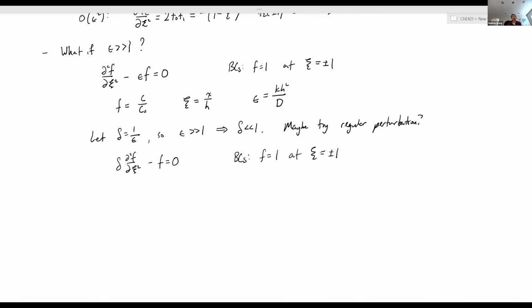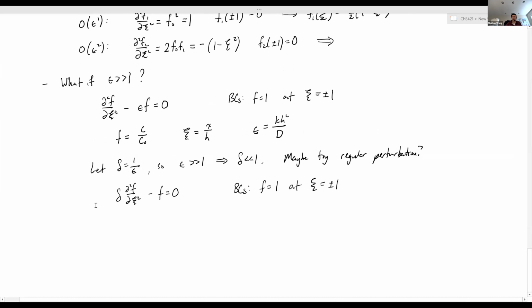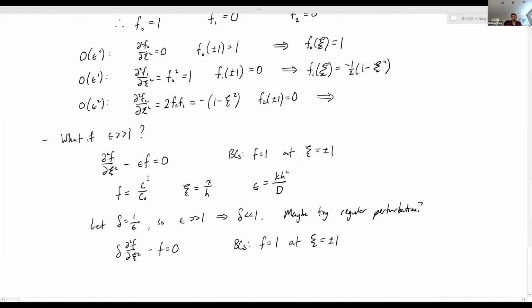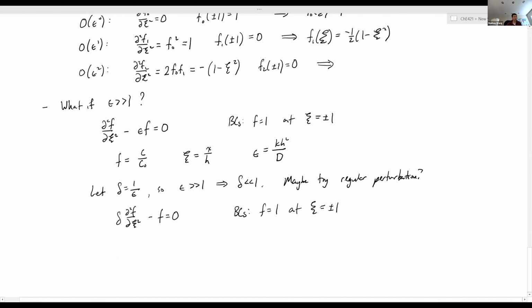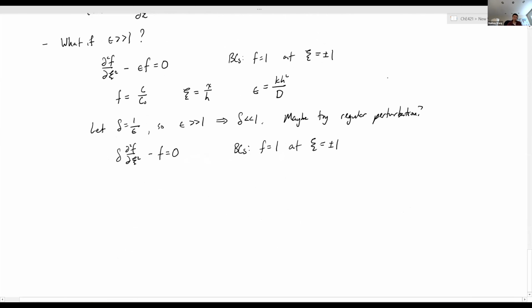That solution is what we get when we just let delta equal 0. It's kind of like up here when we looked at our order of epsilon to the 0 solution, where our differential equation just became this, because it's as if we let epsilon go to 0. We were able to solve it very easily. Let's see what happens when we let delta go to 0.